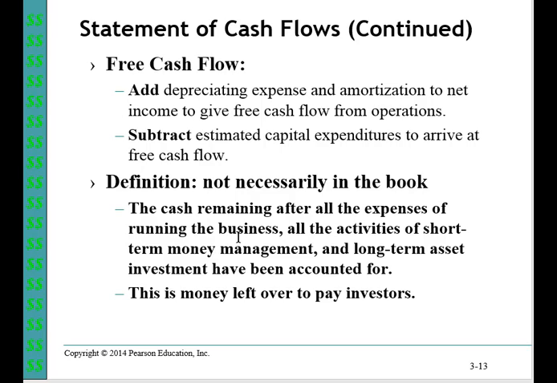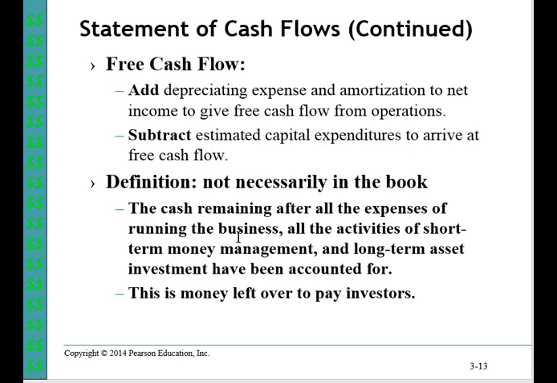There is a definition of cash flow. It's called free cash flow. And the definition isn't necessarily in this textbook, but essentially this is how it works. This is the cash that's left over after all the expenses of running the business have been paid for. All the activities of short-term management have been paid for.